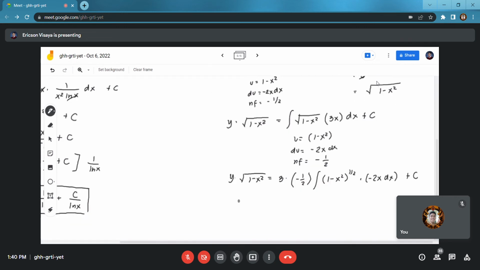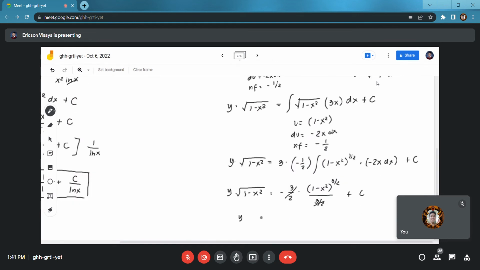So, bali, pag-integrate natin yan, y times the square root of 1 minus x squared is equal to negative 3 over 2 integral ng 1 minus x squared raised to 1/2. That is 1 minus x squared raised to 3/2 over 3/2 plus c. Ito, 3/2, cancel. So, y times the square root of 1 minus x squared is equal to 1 minus x squared raised to 3/2 plus c.